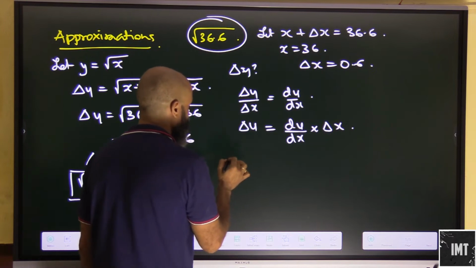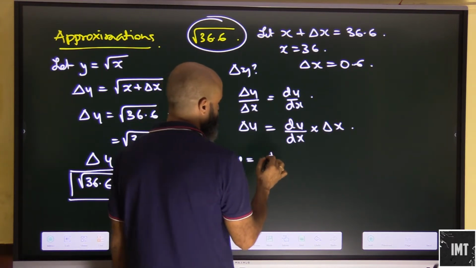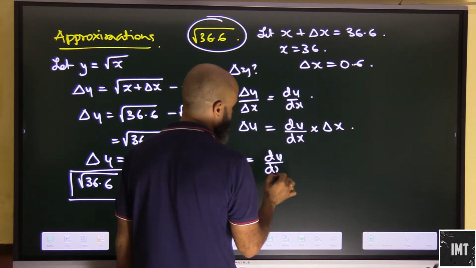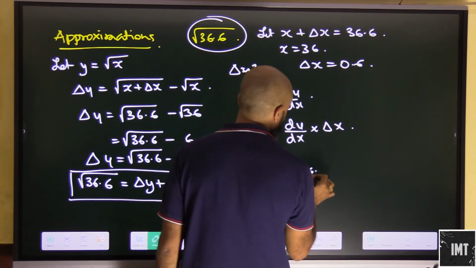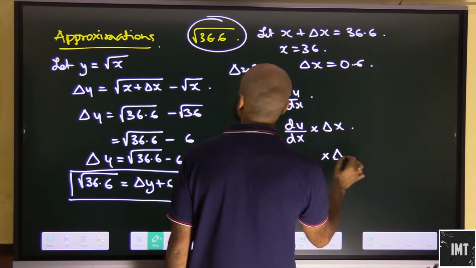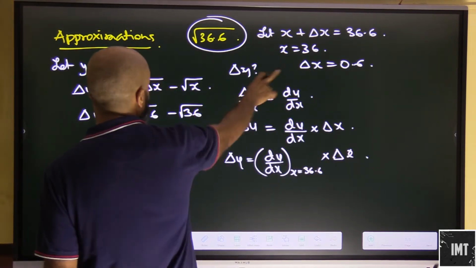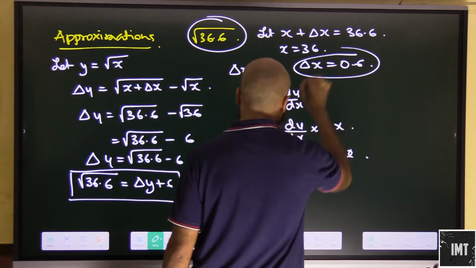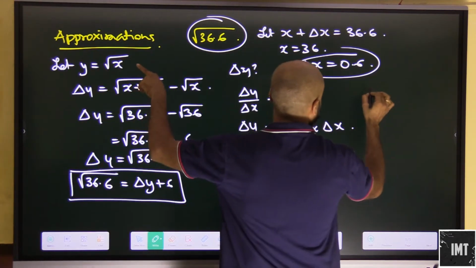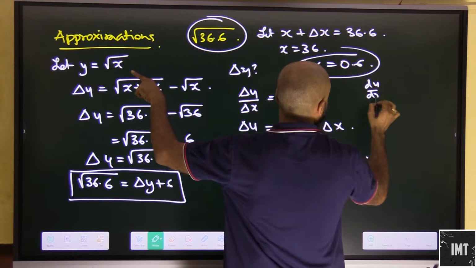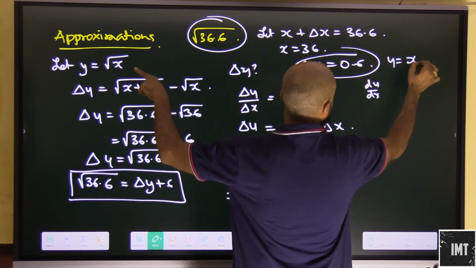So if we were to calculate the value of delta y in this case, that will be dy by dx at x equal to 36 into delta x. We have already calculated the value of delta x to be 0.6. Here y is equal to under root x, so y is equal to x raised to half.